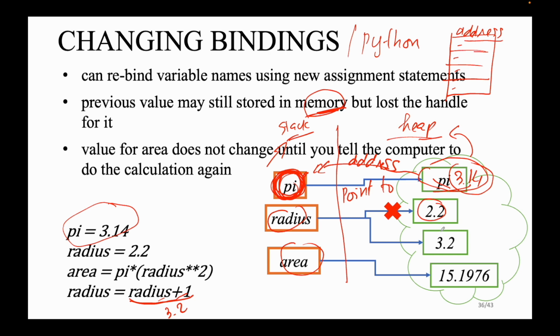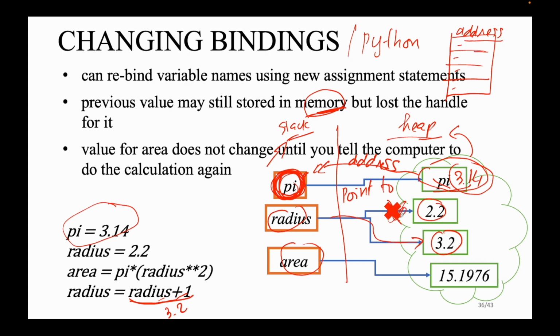Python creates a new location to store the value 3.2, and then radius will point to this new memory location and disconnect the old connection between radius and the previous location.